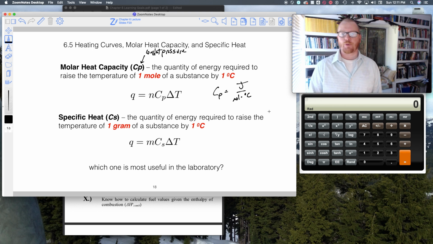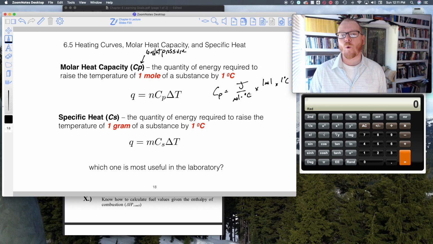So for example, if I have 1 mole of quantity, okay, and I raise its temperature by 1 degrees Celsius, however much joules that takes, that gives me the heat capacity, right? Okay.